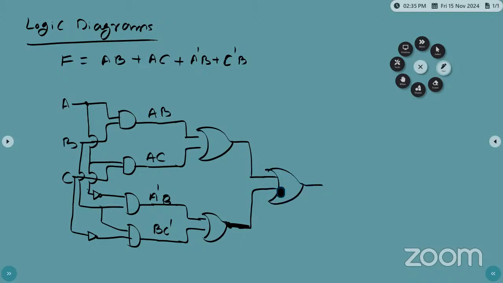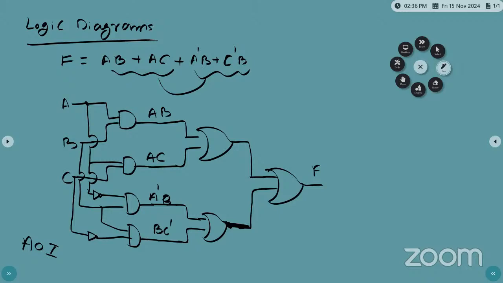First we are summing these two and these two, then we are summing these two. That is using AOI logic. How many different gates are there? OR gate, AND gate, NOT gate. So this logic circuit is called AOI logic.